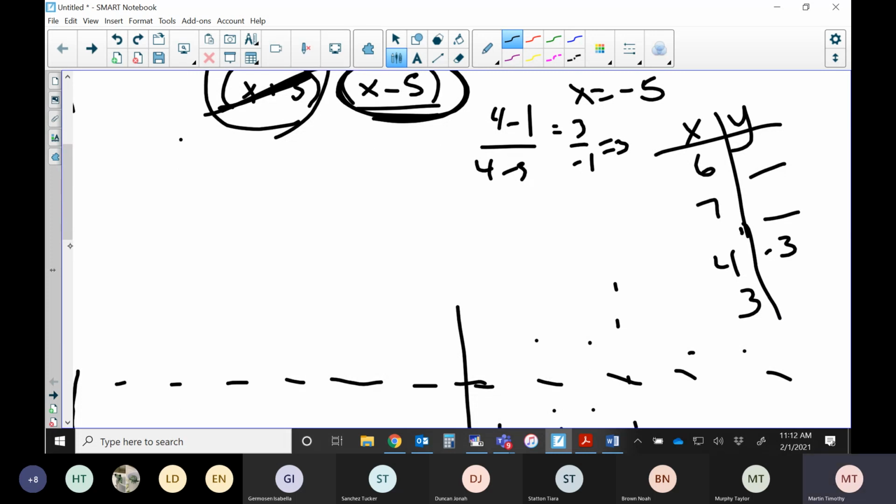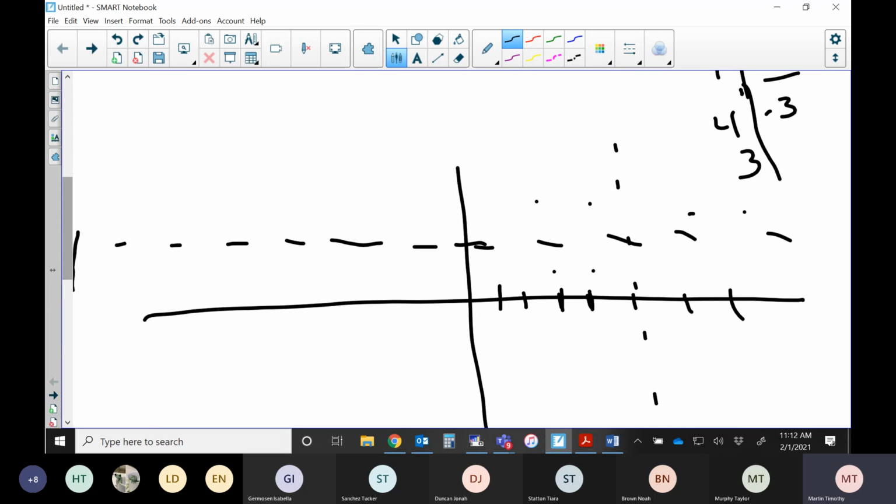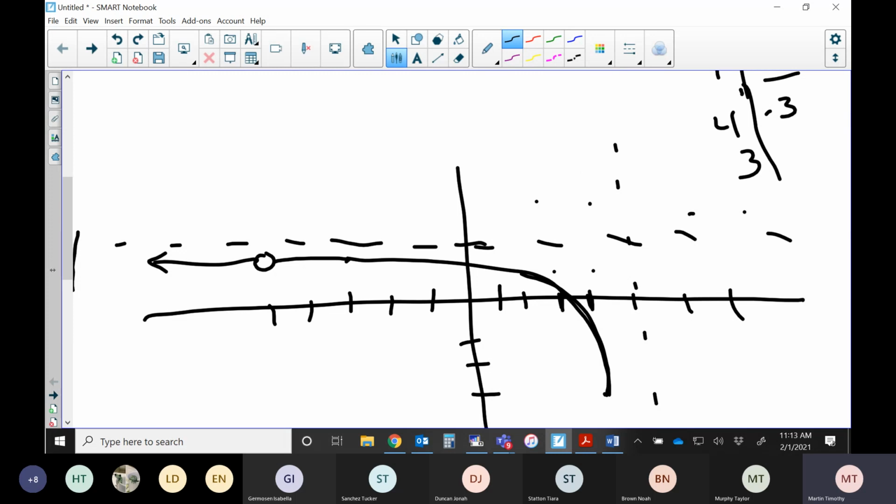So 4 would be negative 3. This side's going to look like this. But when it gets to negative 5, there's literally a hole like that. And then the graph continues on. So this is a hole. This is a vertical asymptote. This is a horizontal asymptote.